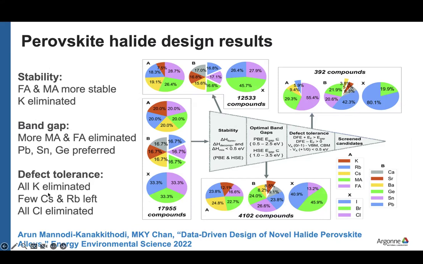There had been talks in the very beginning of the field, this explosion of halide perovskites, that chloride does something really useful. But ever since, there's been a lot of debate about what the chloride actually does. But it seems from this data-driven approach that the chlorides are really spelling trouble for defects. As well, all the potassium was eliminated and very few cesium and rubidium are left.